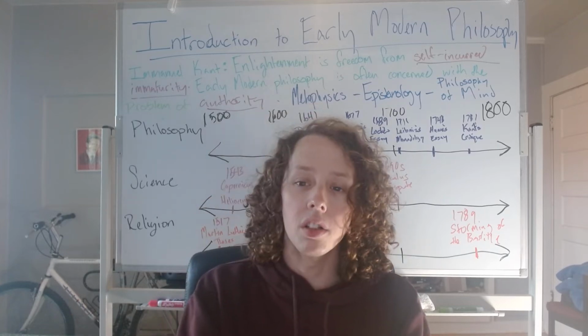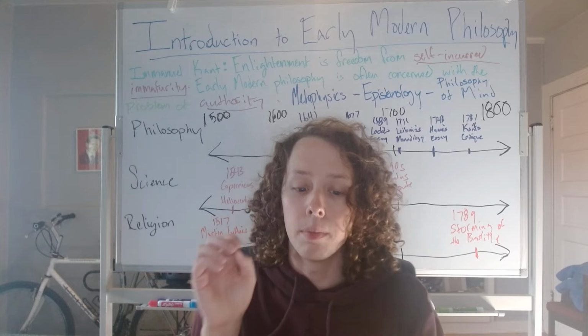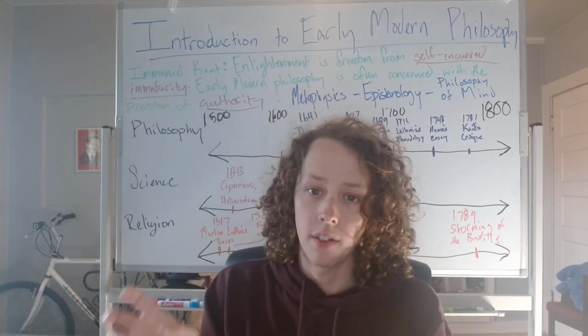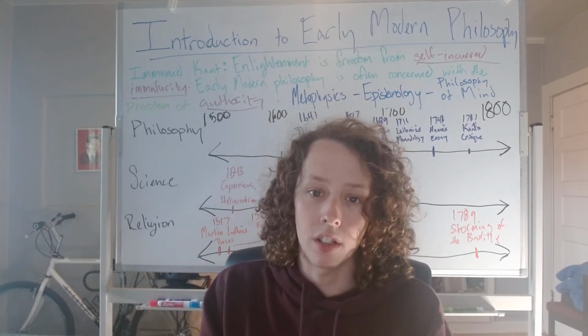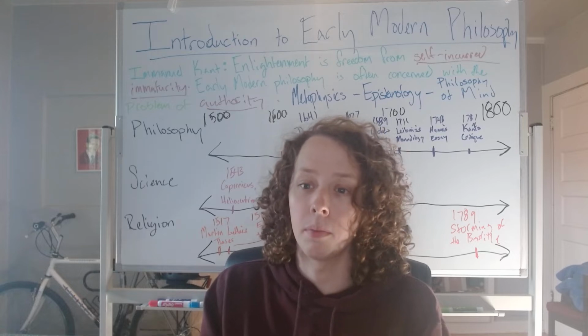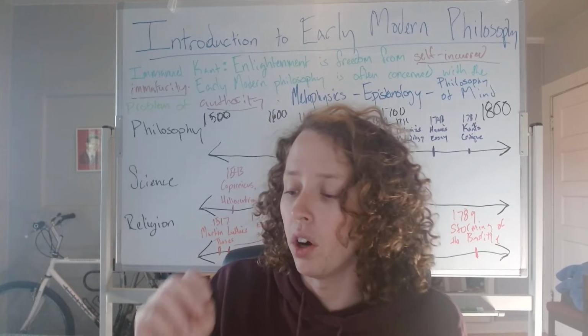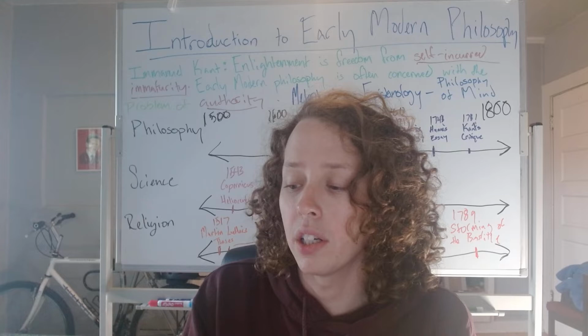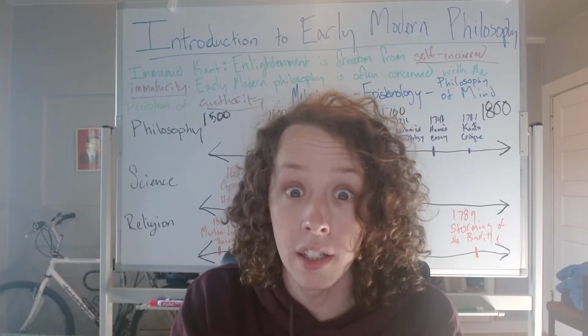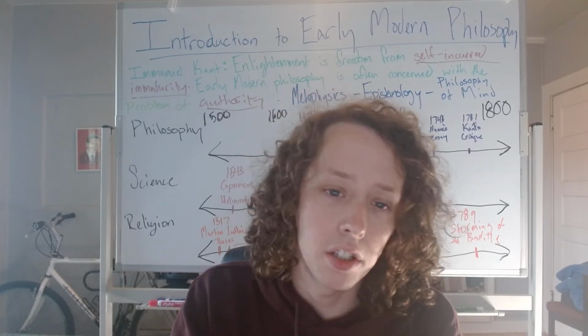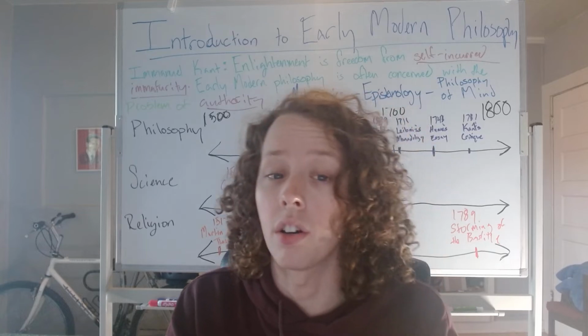And so we want to learn something about the specific situation faced by philosophers in the early modern period. And hopefully, what that will do is allow us to see the resonance that their situation has with our own situation, right?